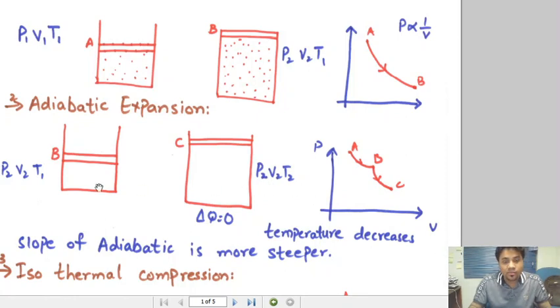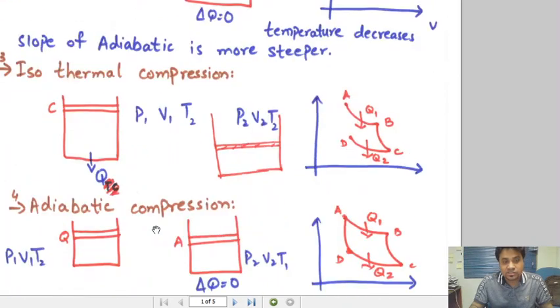If you plot a curve for this process in the PV diagram, this will be given by this BC curve, which is known as an adiabat. Remember that this adiabat is steeper than the isotherm, because the expression for the adiabatic process is PV^gamma equals constant.